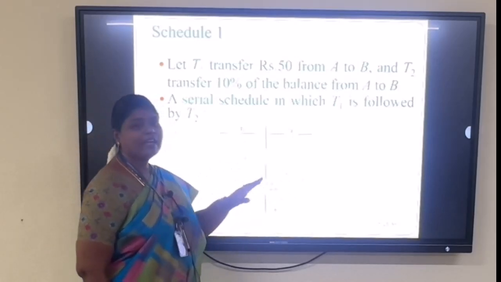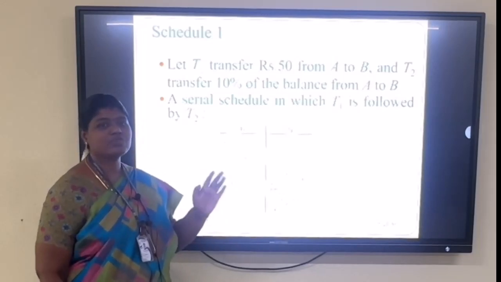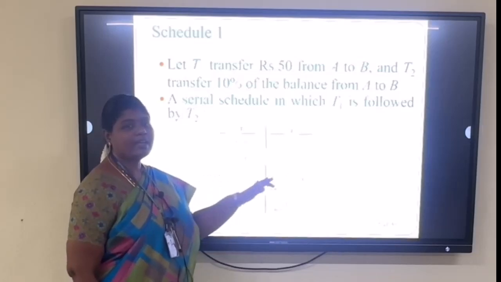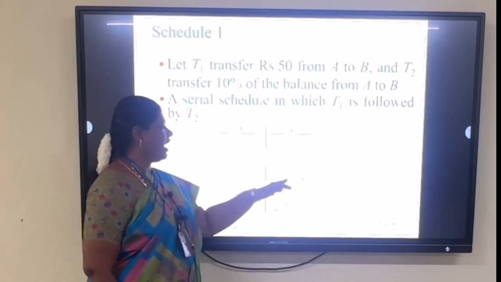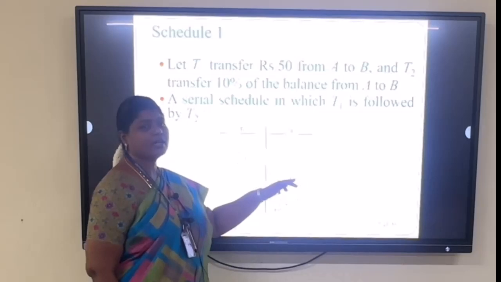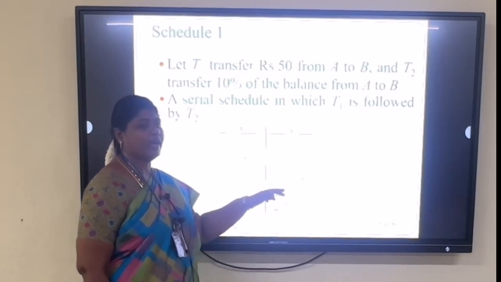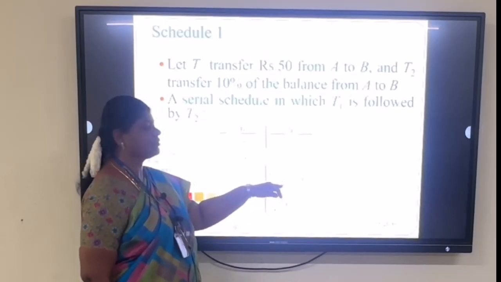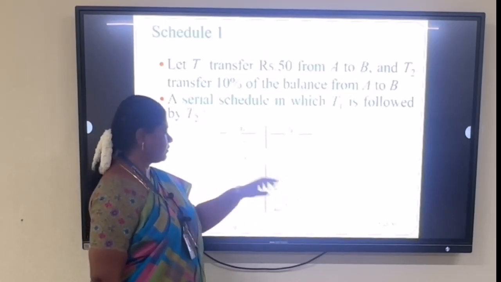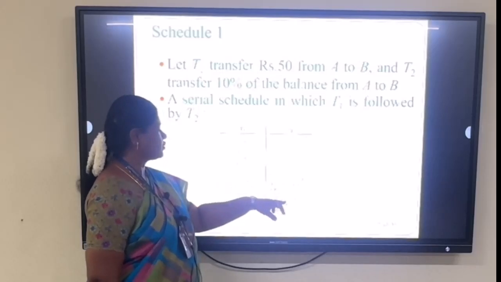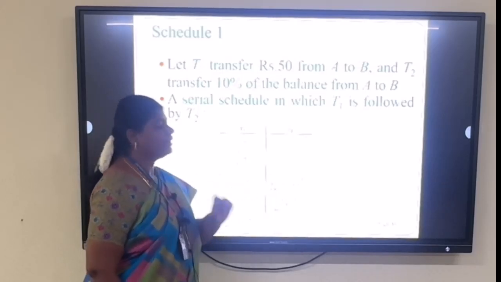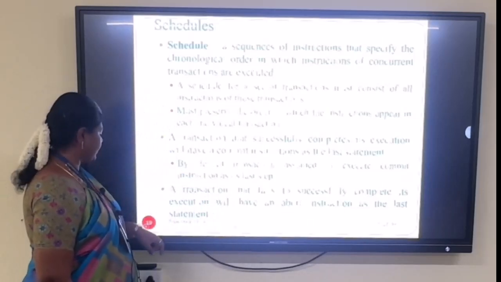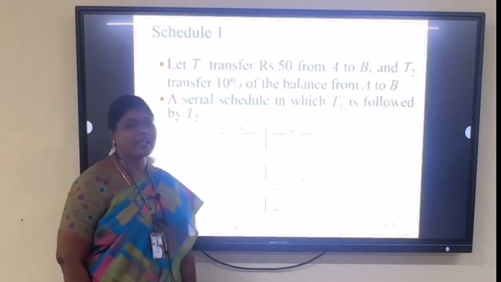Here you can see 10% of the amount in A should be taken back and credited to B. For that a temporary variable is created, and 10% is indicated as 0.1, which has to be multiplied with the available balance, reduced from that account and written back. After that it has to be added to account B and written back again, and committed, which means the transaction ends.